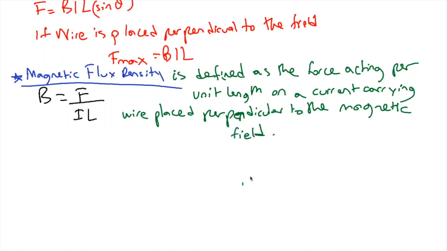So some points here are crucial. That is perpendicular to the magnetic field, and obviously force acting per unit length on a current carrying wire.